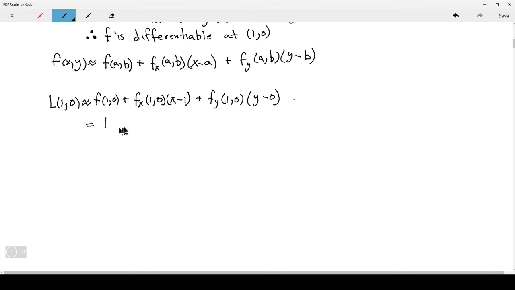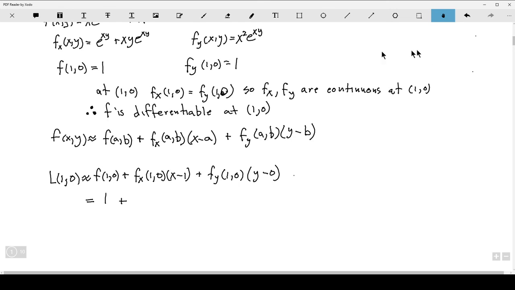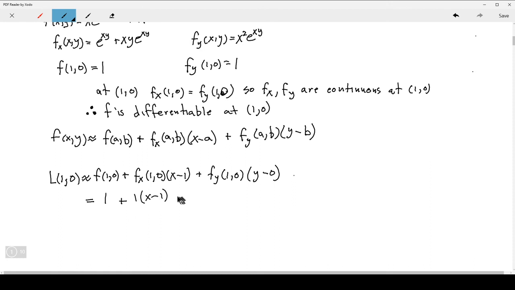All right, so that's going to be 1 plus fx 1, 0, which is right there. That is 1. Fy of 1, 0 is also 1. That was the whole point. All right, so our linear approximation becomes 1 plus x minus 1 plus y.